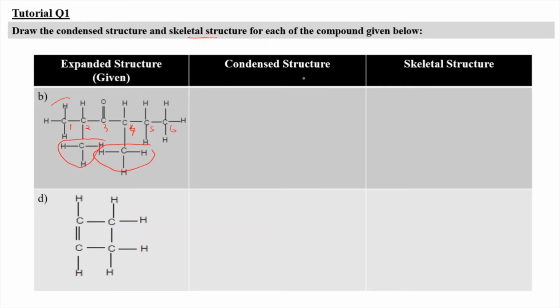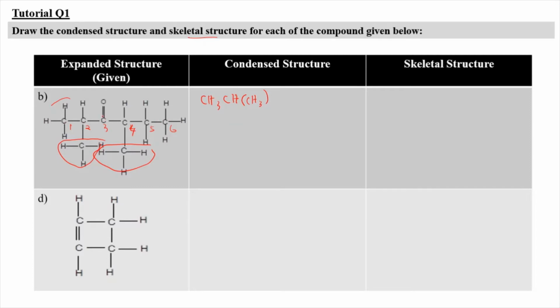So in the condensed structure, my first carbon is CH3, my second carbon is CH, and then I attach CH3, which means carbon number 2 has a methyl substituent. That is why we put it in brackets.